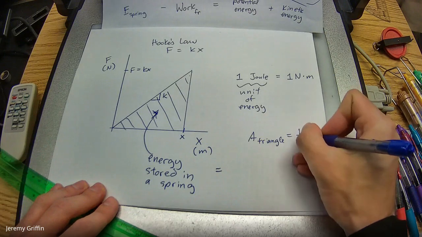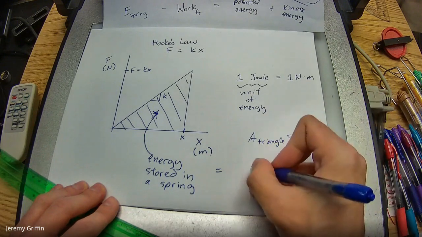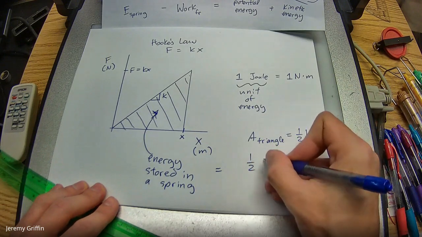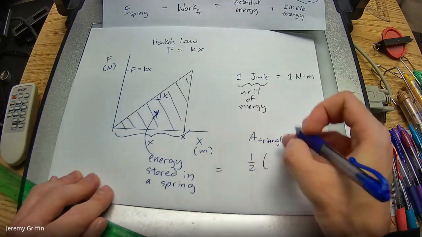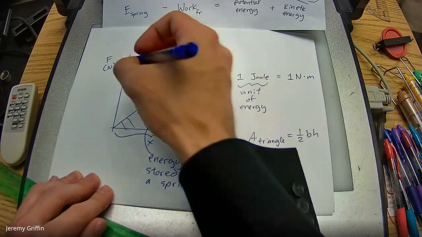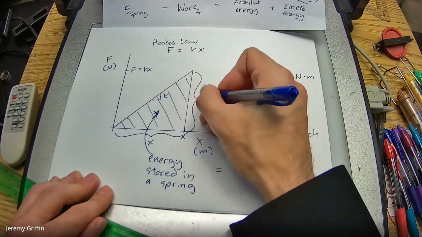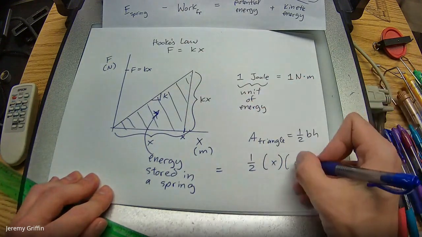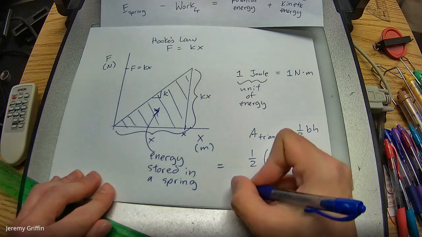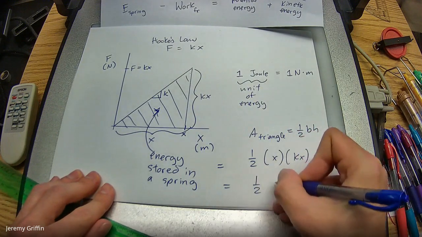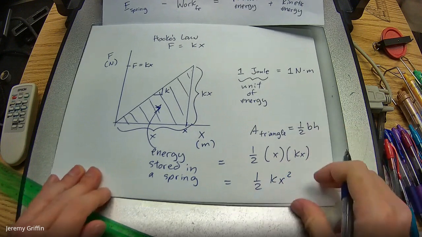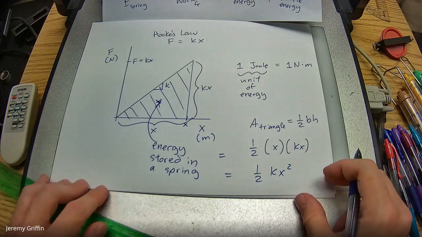So that's 1/2. The base is x. The height is kx, because F equals kx. Do you guys see that the energy stored in the spring is just going to be equal to 1/2 kx squared?